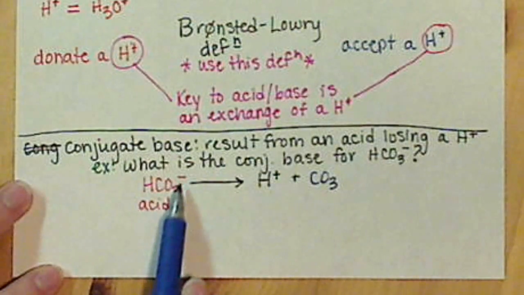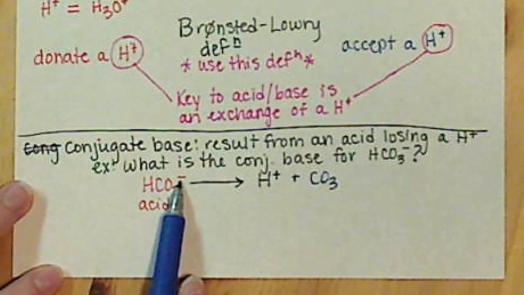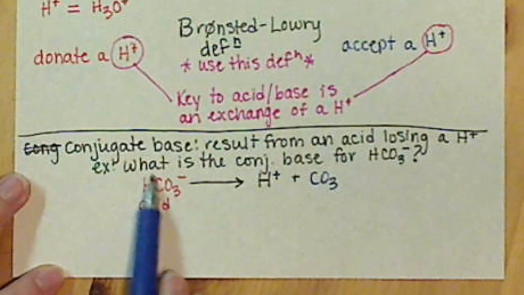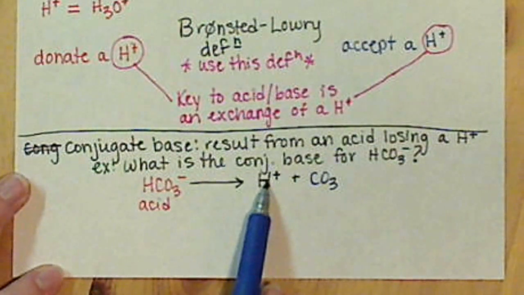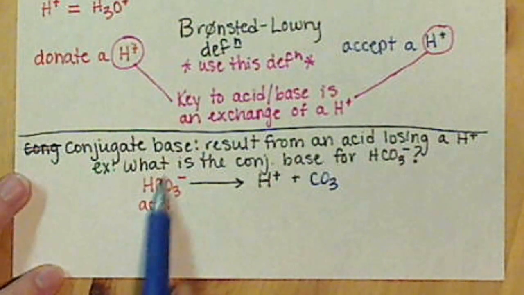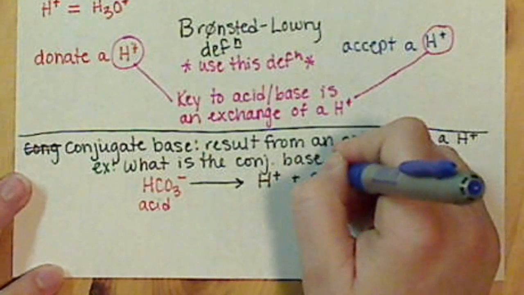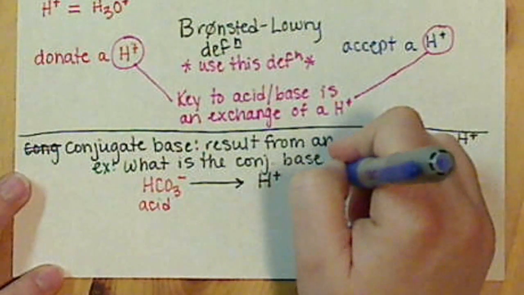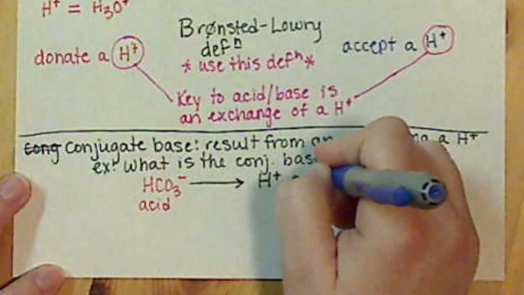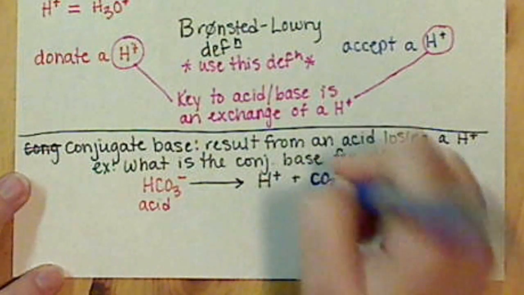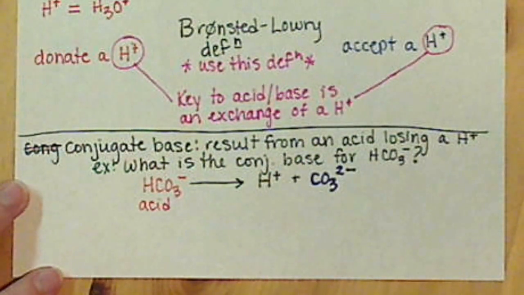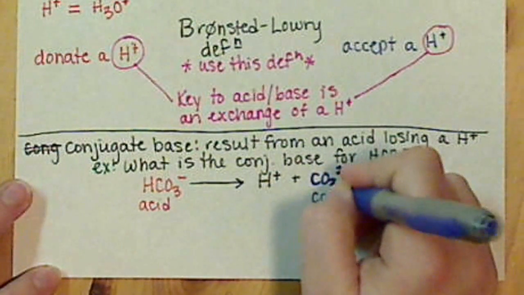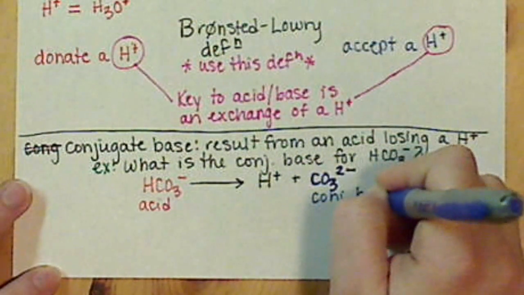This molecule was negatively charged overall, and we lost a proton, so we lost a positive charge, meaning that this got more negative. So we have CO3 2 minus, which should look familiar to us because that is the carbonate ion. This here is our conjugate base.